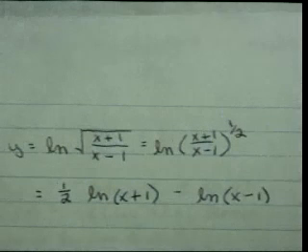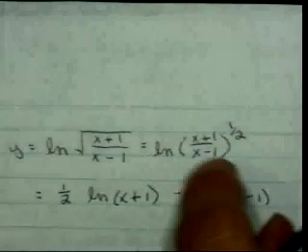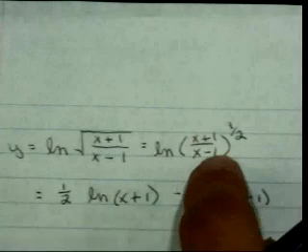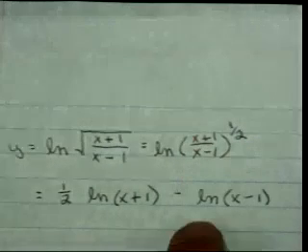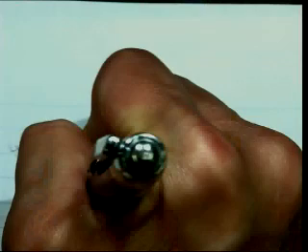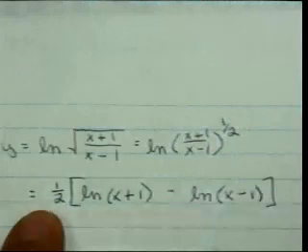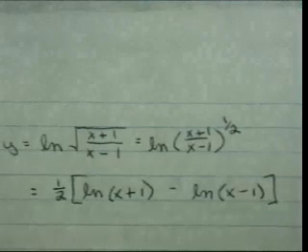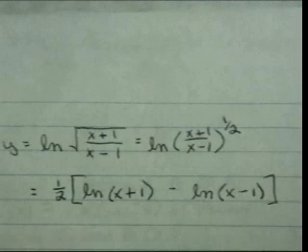The half was the exponent of that whole quotient. So either I need to put half for both of those coefficients, or since when I'm differentiating I can just keep up with a constant, I'd probably just keep it outside brackets.